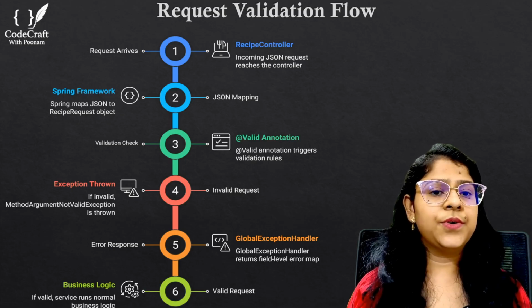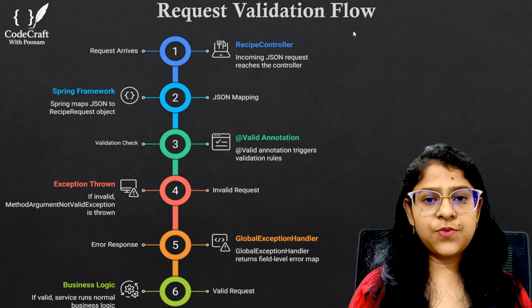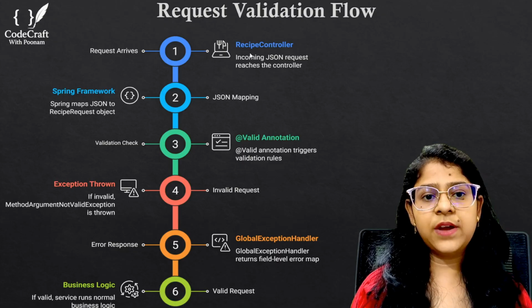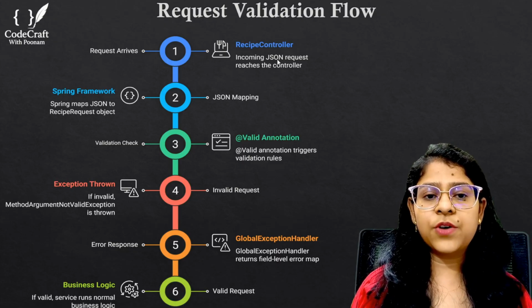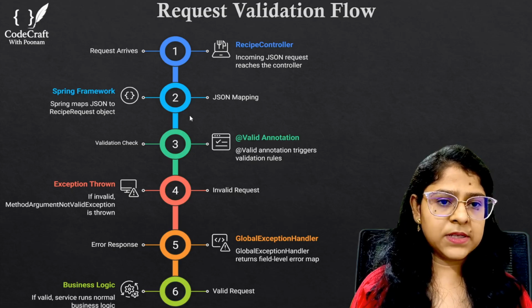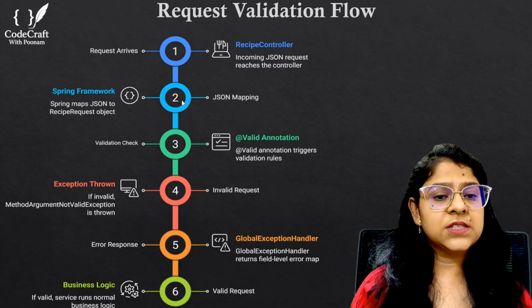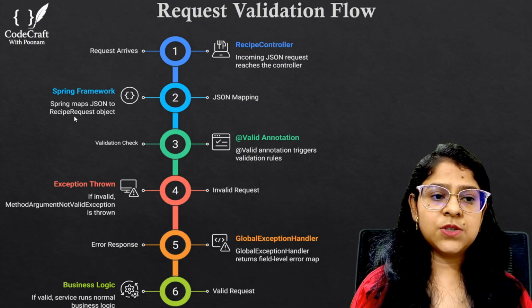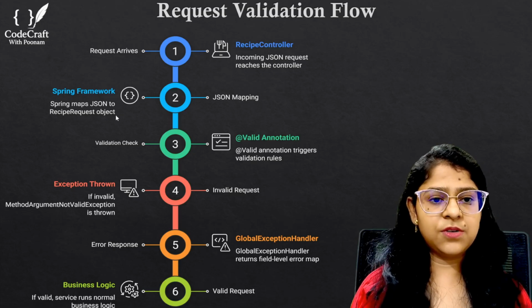Okay, so here, now coming to this request validation flow, okay. First the request arrives at the recipe controller. The incoming JSON request reaches this controller, okay. And then the next step is JSON mapping. Spring maps JSON to the recipe request object, okay.